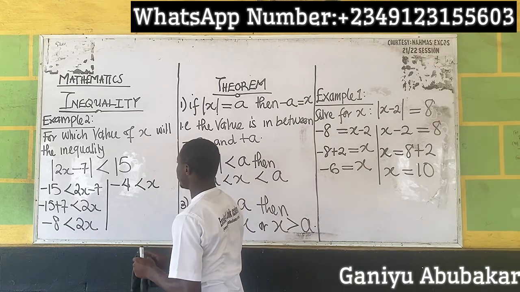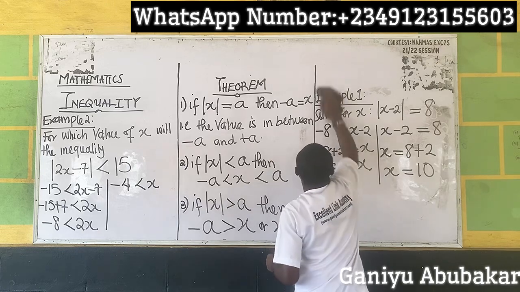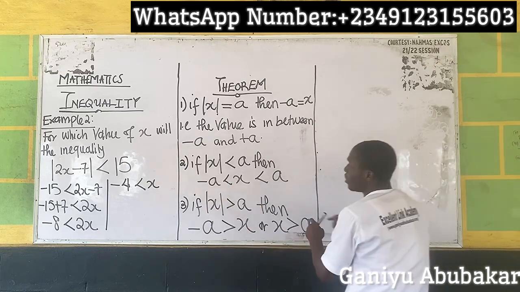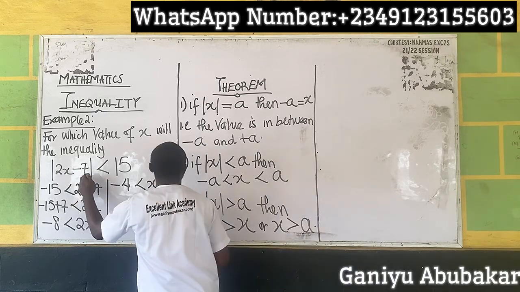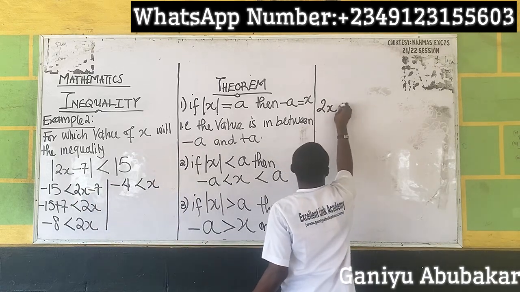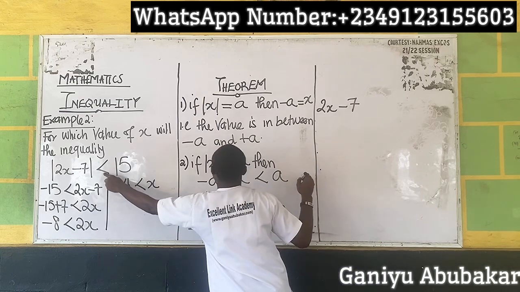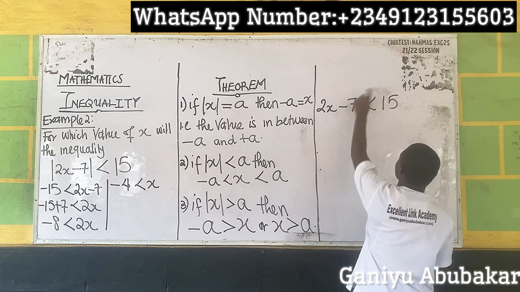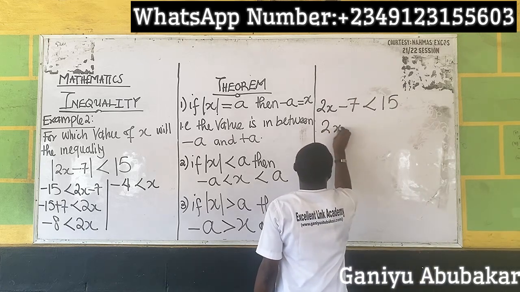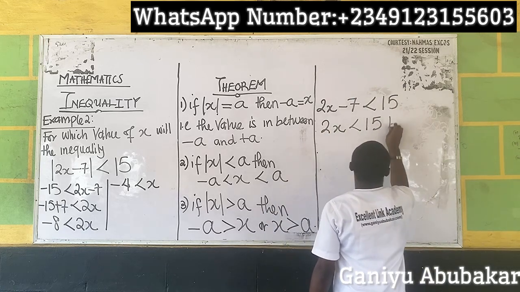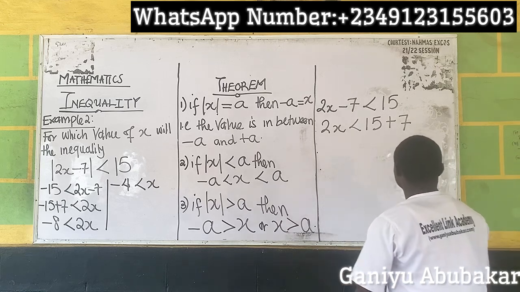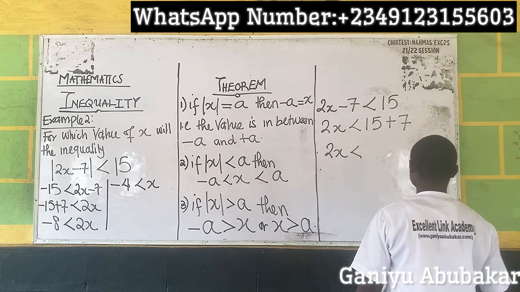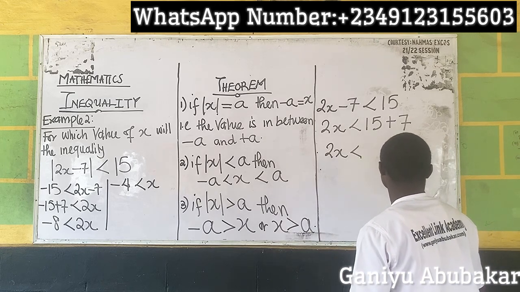So the other answer to that question should be, just bring the question, I have 2x minus 7. This gives you 2x minus 7 less than 15. Take this one here, I have 2x less than 15 plus 7. All right, this gives about 2x less than 22.